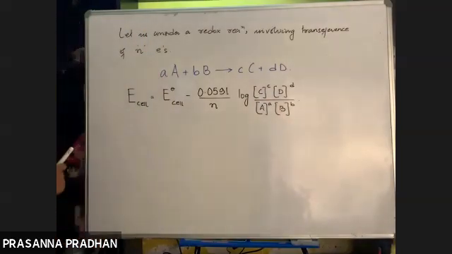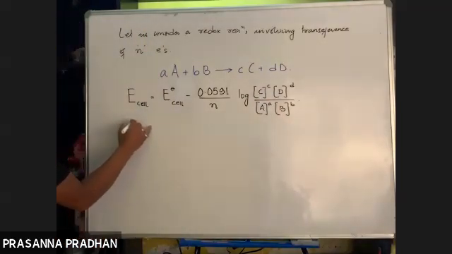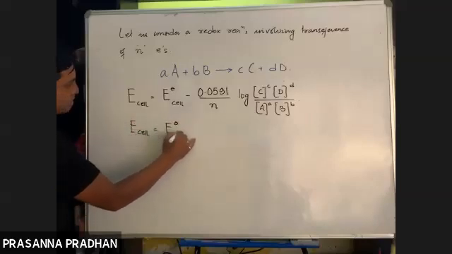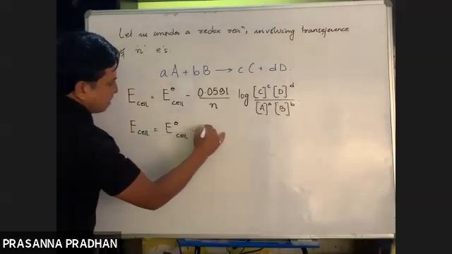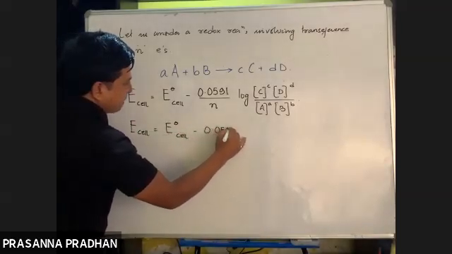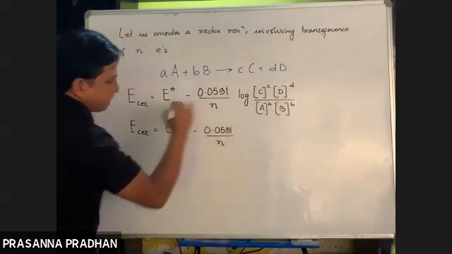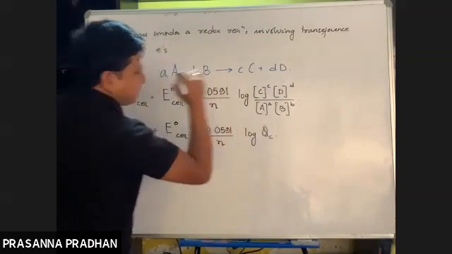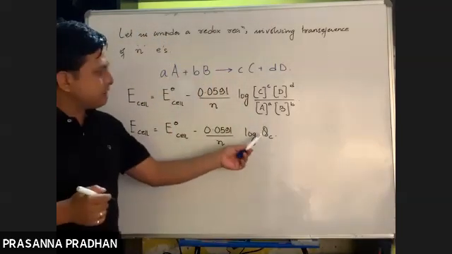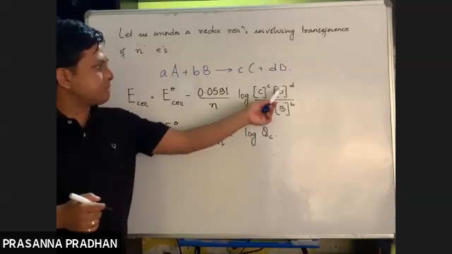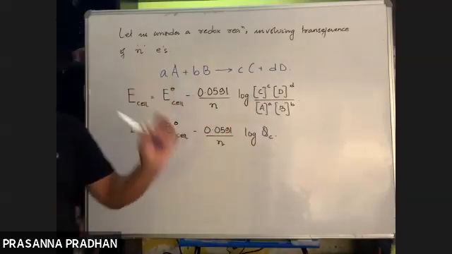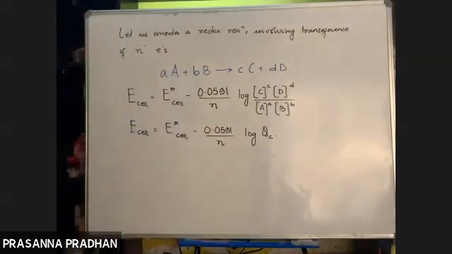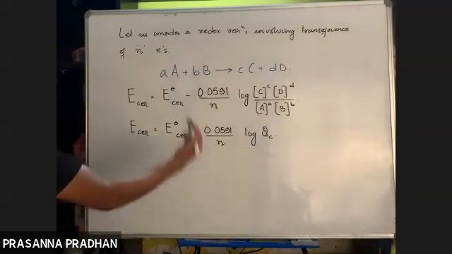So I can modify this equation as E cell equals E naught cell minus 0.0591 divided by n, log Qc. Qc is the ratio of concentration of product by concentration of reactant when the reaction is not at equilibrium. So I'll continue from here.